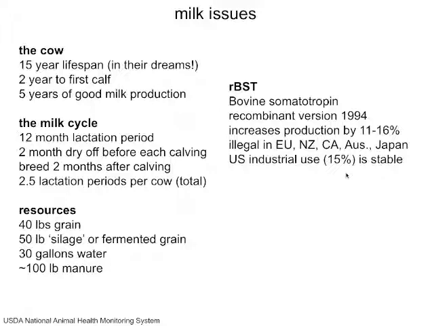What is recombinant? Well, this is a gene-hacked version. So some scientists cloned the gene out of the cow and took that gene and introduced it into a bacterium, right? There's your genetic engineering, and then used the bacterium as a production facility for the creation of more bovine somatotropin.